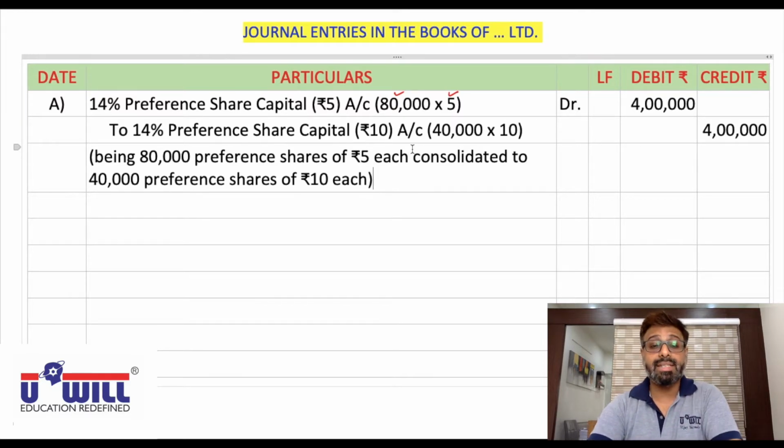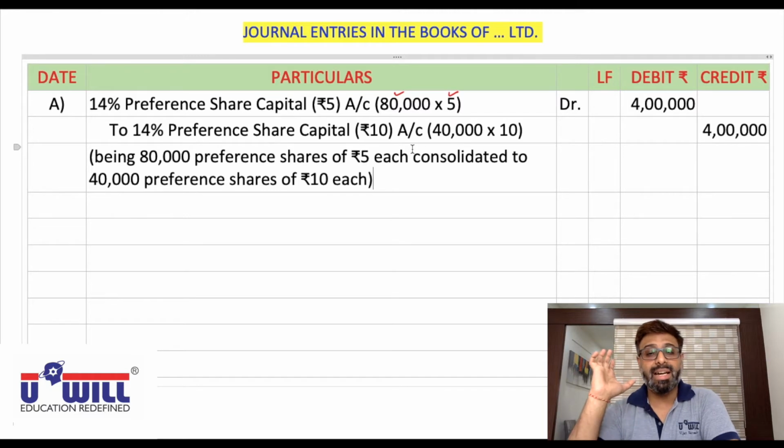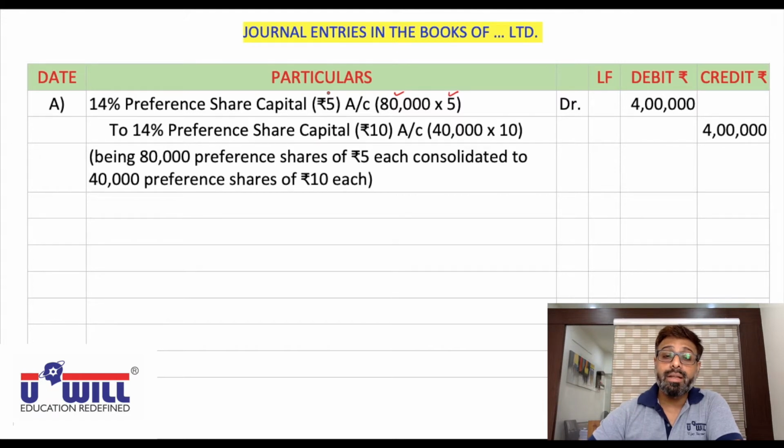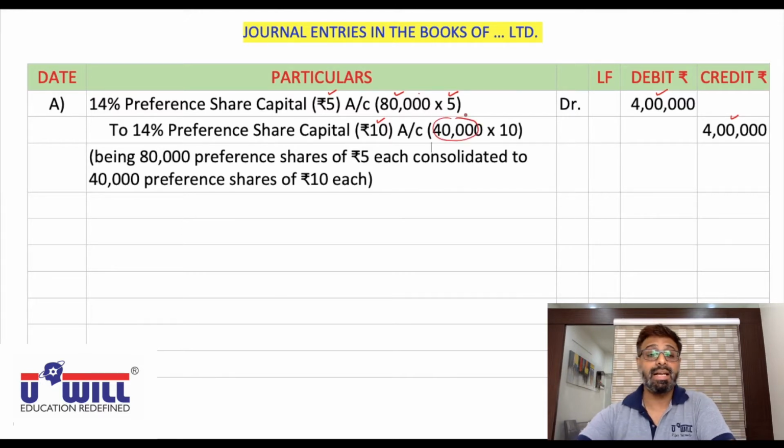I hope everyone is clear with this entry. One simple fundamental I explained you in the last lecture. Old face value is what you have to debit, new face value is what you have to credit. Amount will remain same, and we discussed in consolidation face value increases but number of shares decreases. That also we discussed in the last lecture.